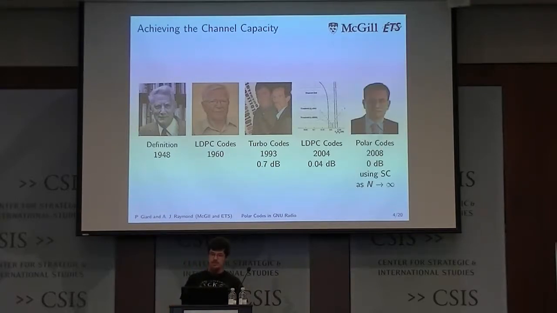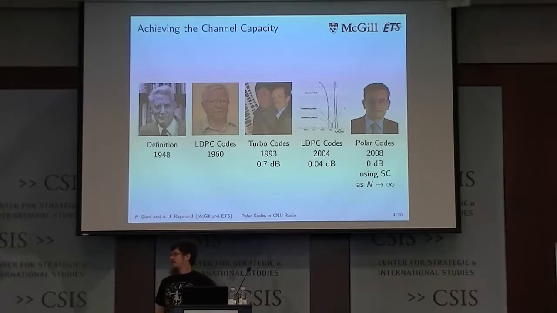More recently, in 2008, Erdal Arıkan proposed the polar codes. Those codes are not only capacity approaching, they are capacity achieving. Unfortunately, there are some caveats. One of them is not a big deal: it's a low complexity algorithm, so that's not a caveat.